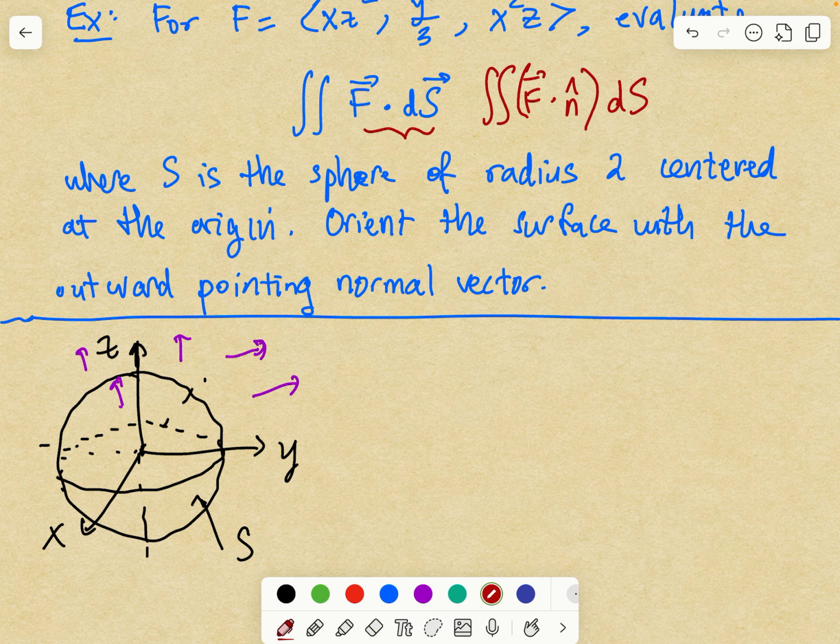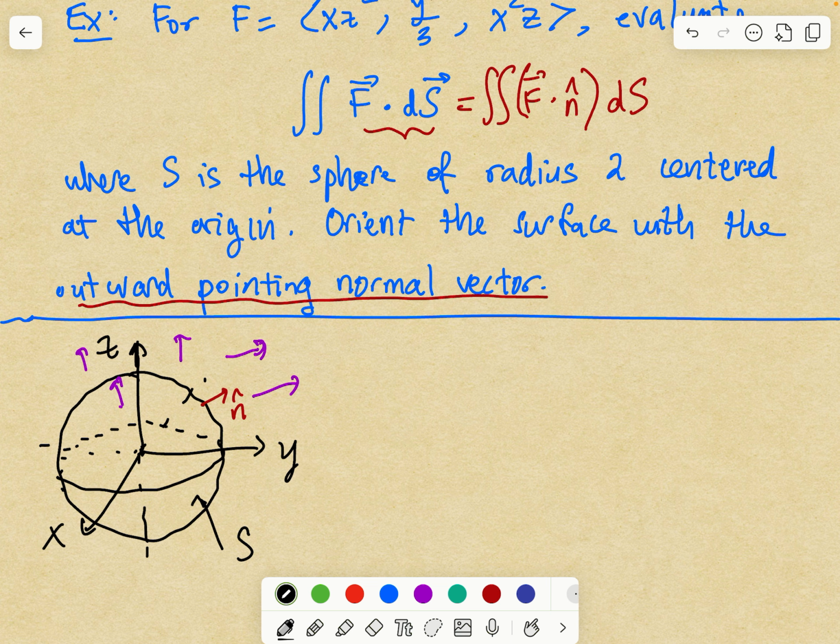This F dot n is the dot product of the vector F with the unit normal vector n at each point P on your surface. This is a surface integral of a scalar valued function, and n is the outward pointing normal, so n is pointing out like this.